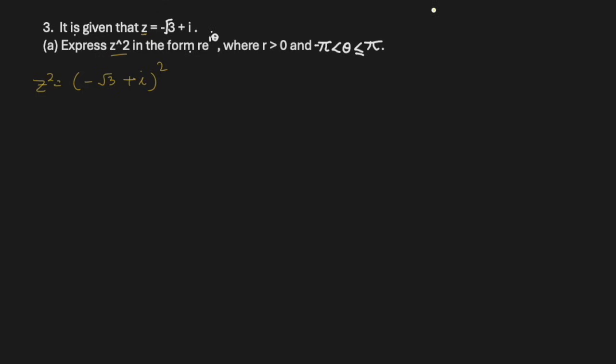Okay, so we can apply the identity a plus b whole square is a square plus b square plus 2ab, right? That's what I will use here. So a square, the first term is a, plus b square plus 2ab.